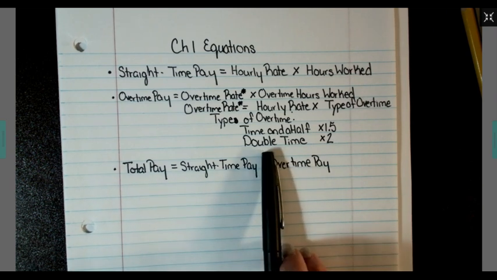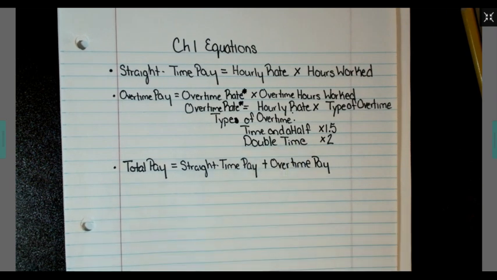Double time: an overtime pay rate of twice the regular hourly rate. So overtime pay is pay for extra hours beyond your regular hours. Time and a half is times 1.5 the regular hourly rate, and double time is twice the regular hourly rate.